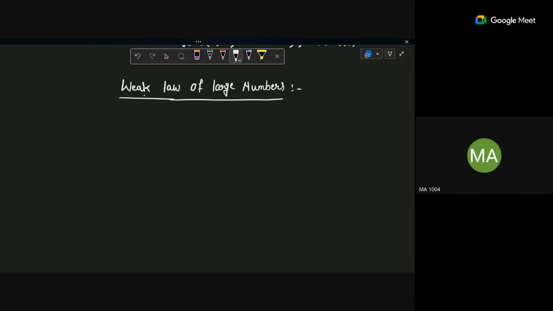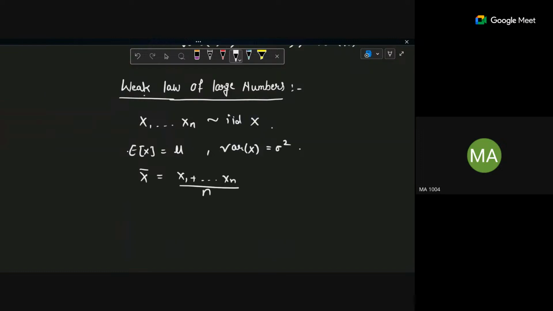So the thing is, if x1 to xn are IID samples following the distribution similar to x, where expectation of x is mu, variance is sigma square, and sample mean is given as x1 to xn divided by n, and what?